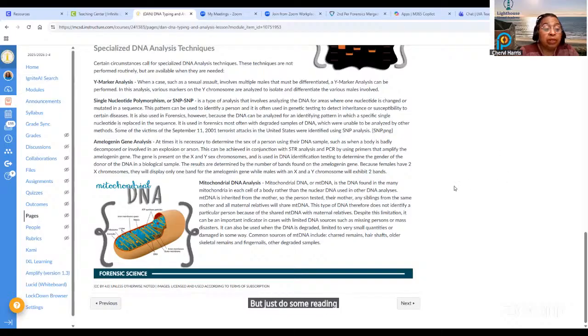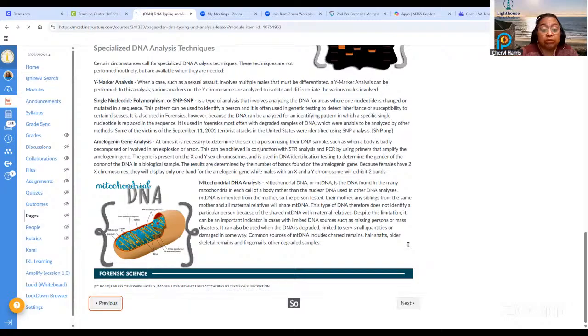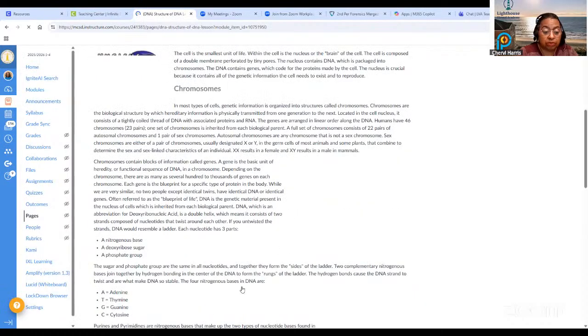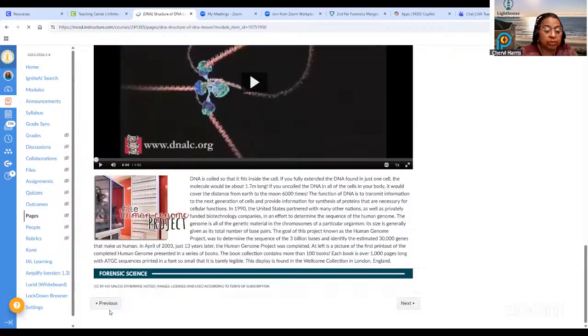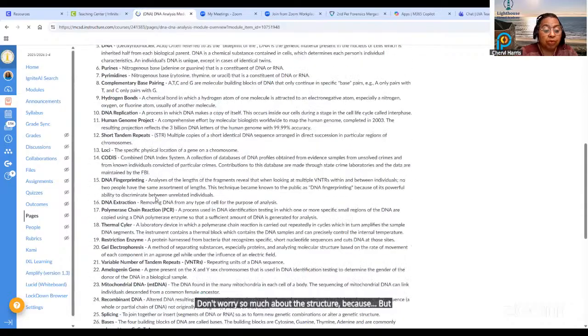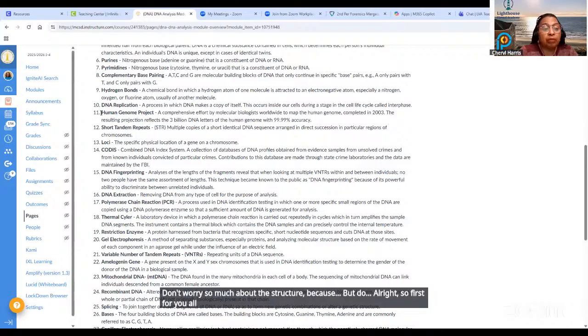The vocabulary, like I said, the vocabulary for this unit is a lot. So spend some time with the vocabulary, if nothing else. Don't worry so much about the structure. All right, so for you all, start from number 11, go down.